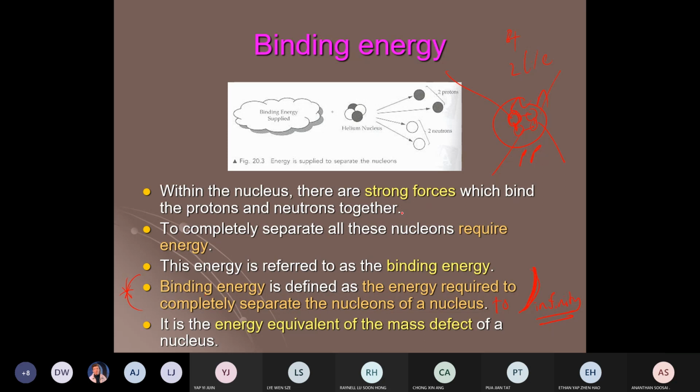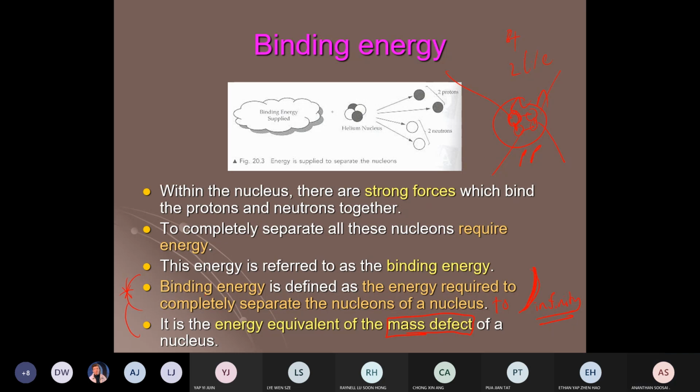Scientists found that the binding energy of the nucleus is equivalent to the energy of the mass defect. The energy of the mass defect is the binding energy of the nucleus. So that's what has been discovered.